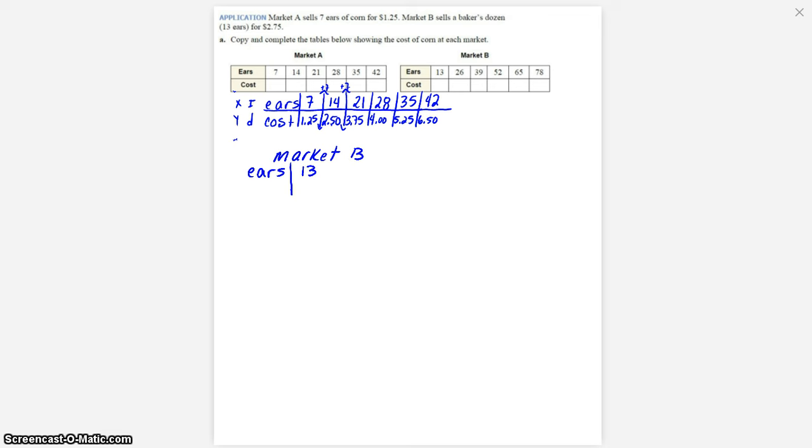And our cost for every 13 ears of corn is going to be $2.75. So 26, 39, 52, and I hope you remember to write these down on the opposite side of your notes so you can see your practice problems, okay? 65 and 78.